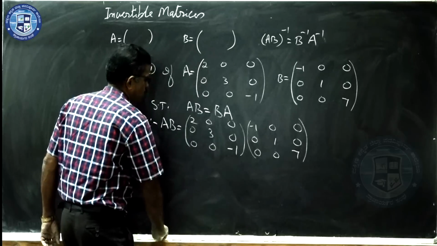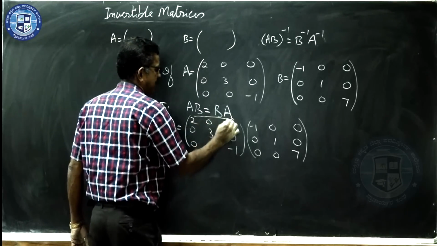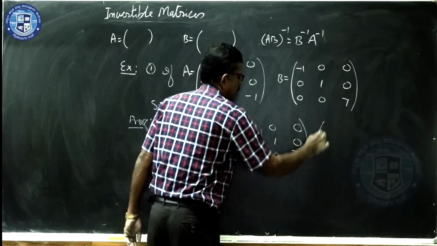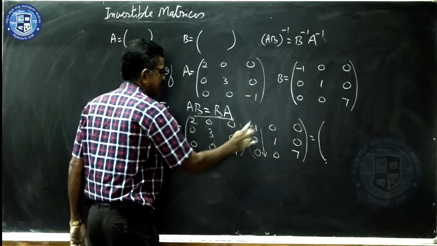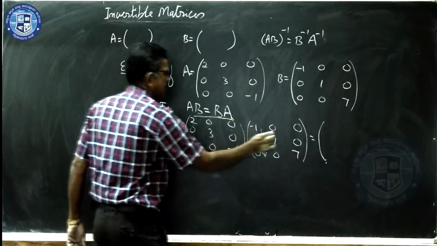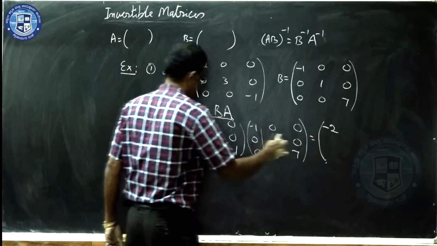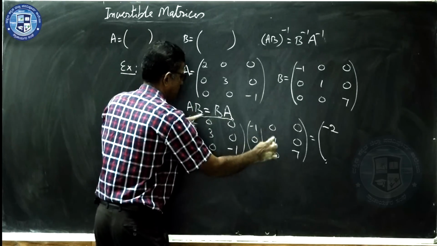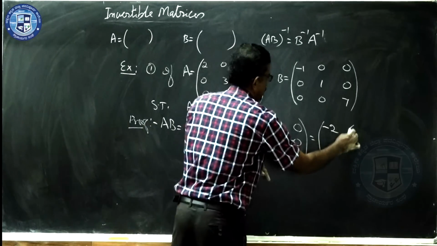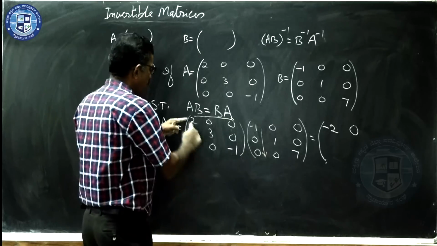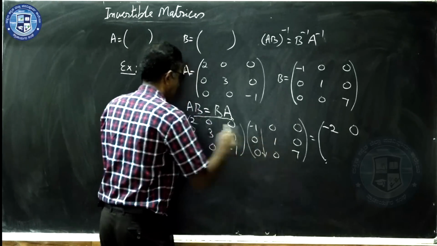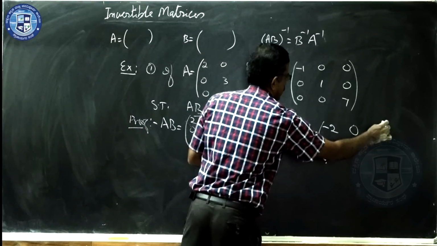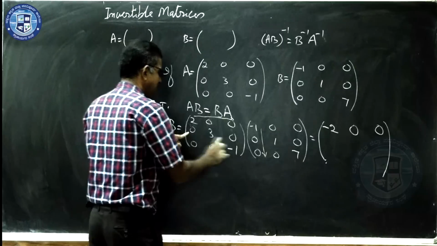You know how to multiply two matrices: rows of the first matrix are multiplied with the columns of the second matrix. First row, first column: 2 into minus 1, it is minus 2. First row with the second column: 2 into 0 plus 0 plus 0, that is 0. First row with the third column: 0.